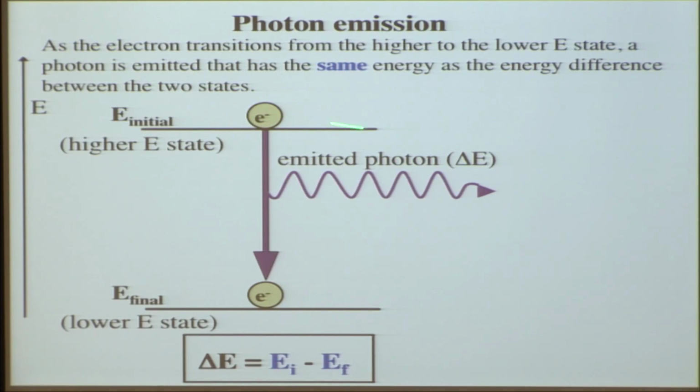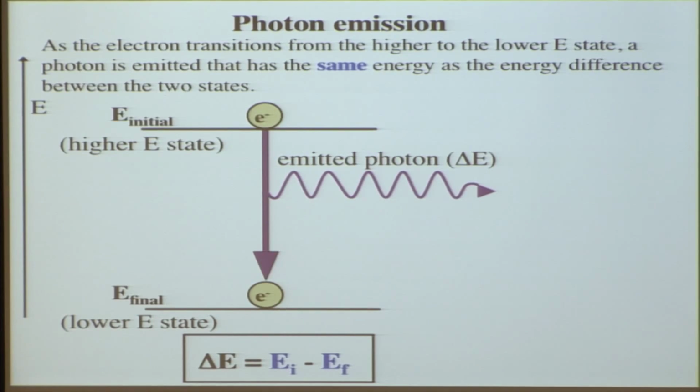So photon emission, this is a situation that occurs when you have an electron going from a higher energy initial state going to a lower energy state. And as it goes from this high energy state to the low energy state, there's a difference between these two energy states, delta E, and that's going to be equal to the higher energy initial state minus the energy in the final state.